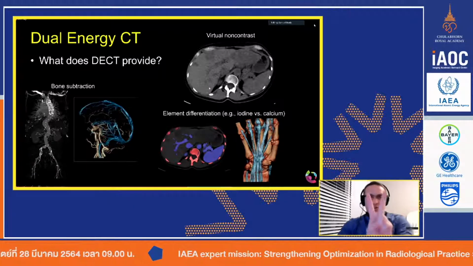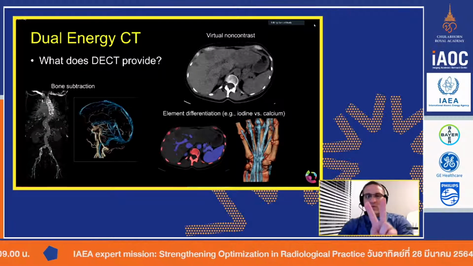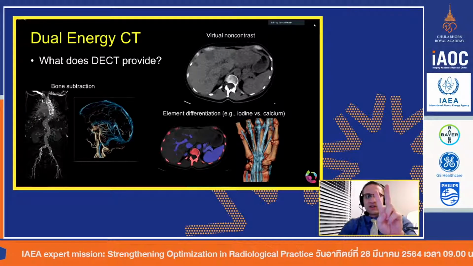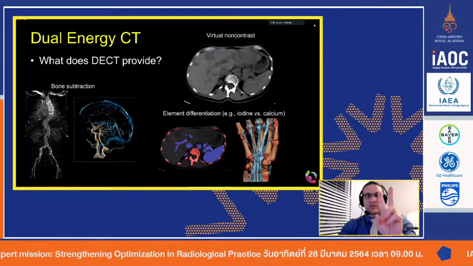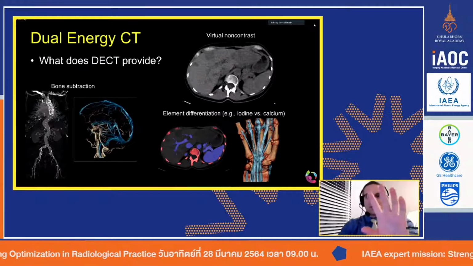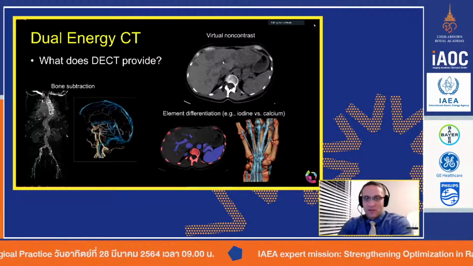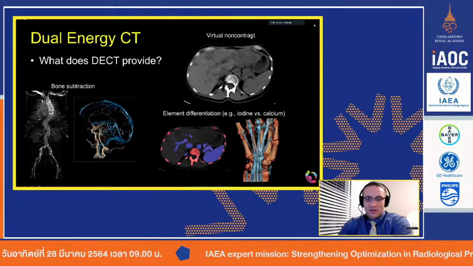So instead of doing a two-phase liver study or a two-phase abdominal study, where you image without the contrast, then inject and image again, in this case you can inject the iodine contrast, image, and then physically subtract the iodine out of the image and get this virtual non-contrast.